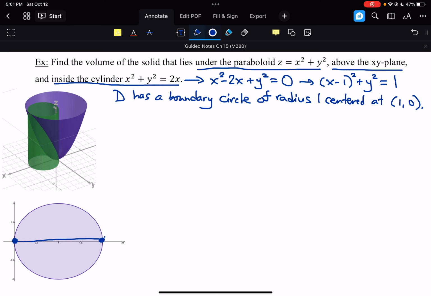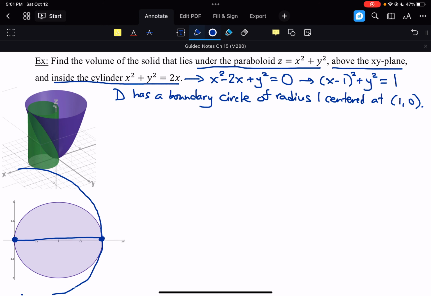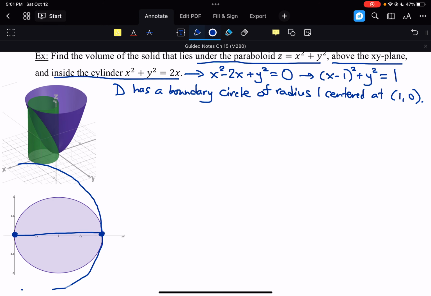And actually, I'm cutting it a little short. It would be out like here, and it would be out like way down there somewhere. So it would be giving us all of this space too, in addition to what's in this circle.